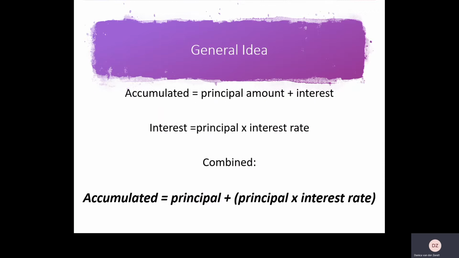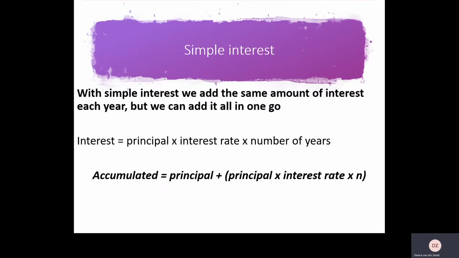Our general idea is that principal plus principal times the interest rate is my accumulated amount. Specifically for simple interest, my interest must also be multiplied by the number of years, because every year I accumulate the same amount of interest, so I multiply it by how many years I am busy with.